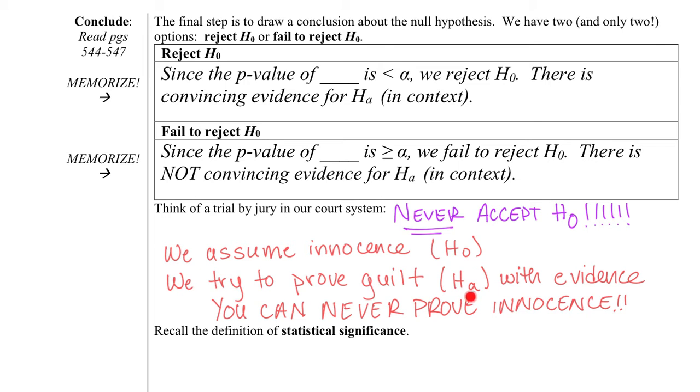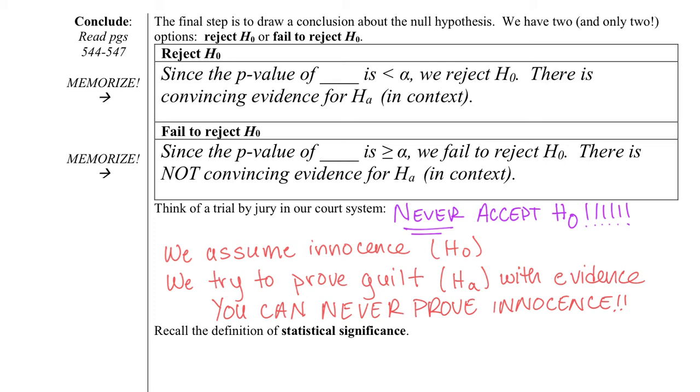This would be our alternative, with evidence. But you can never prove innocence. So what we're saying is somebody might be guilty, but we don't have enough evidence to show that they are. That doesn't mean they're innocent. It just means we don't have enough evidence to show that they're guilty.